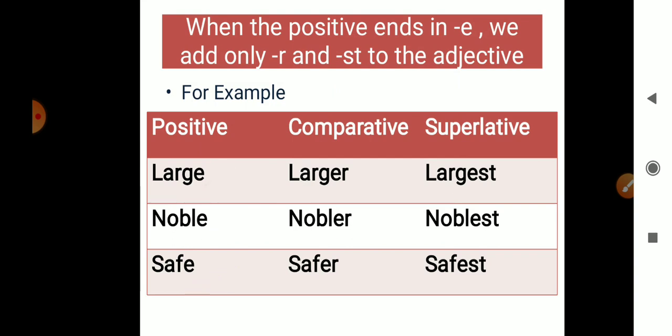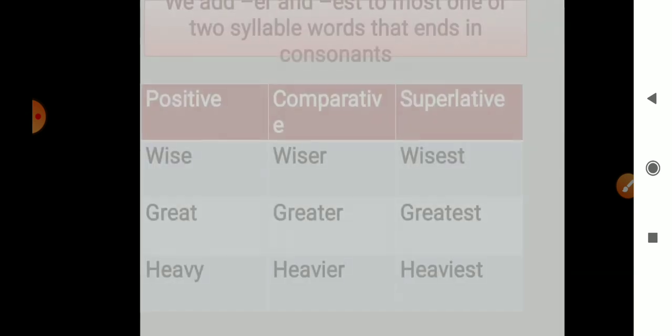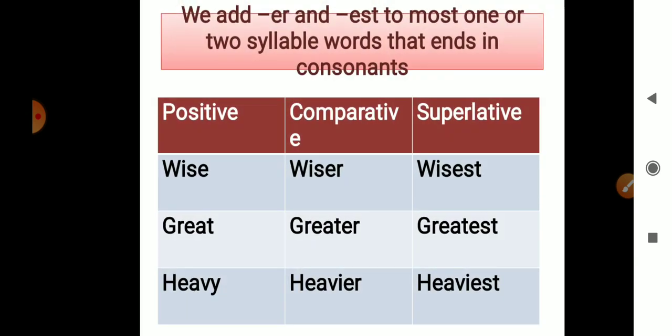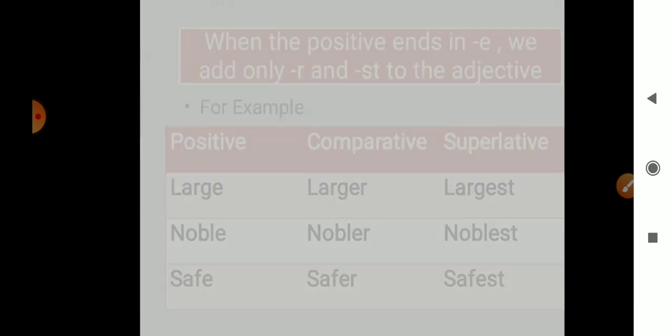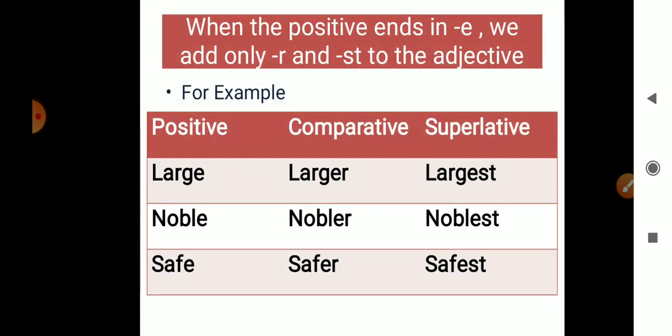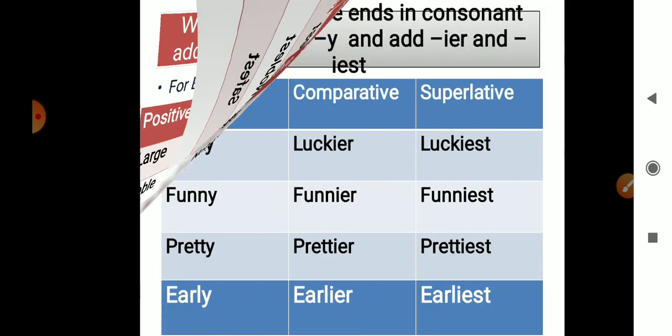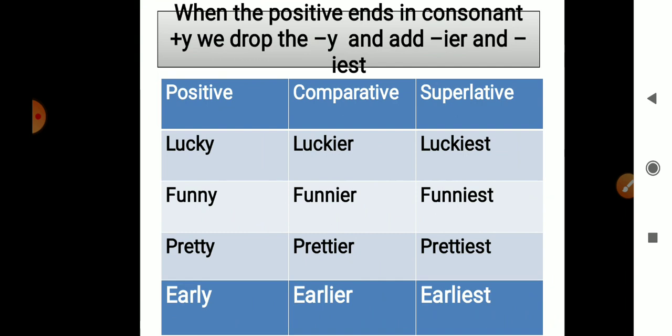The word ends with E, and that's why we are using only R and ST. Same here: large, larger, largest; noble, nobler, noblest; safe, safer, safest. ER and EST we add for comparative and superlative.